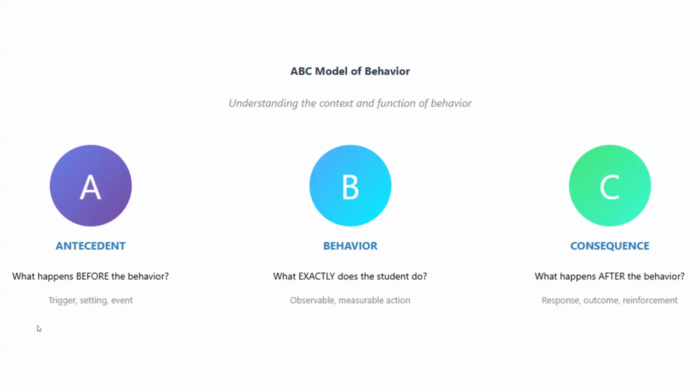For the antecedent, what triggers the student, what setting or event stimulates the student to behave like this. During the behavior, we have to measure the actions. And after that, how the children respond, what the outcome is, and what reinforcement they get, we have to observe.